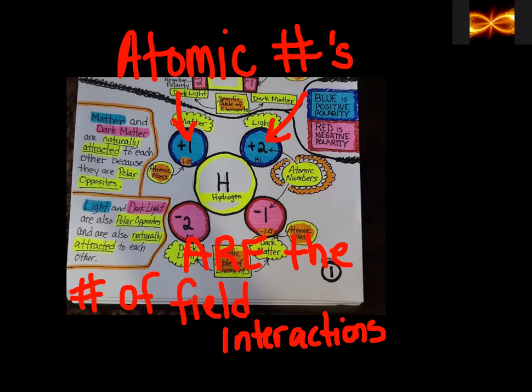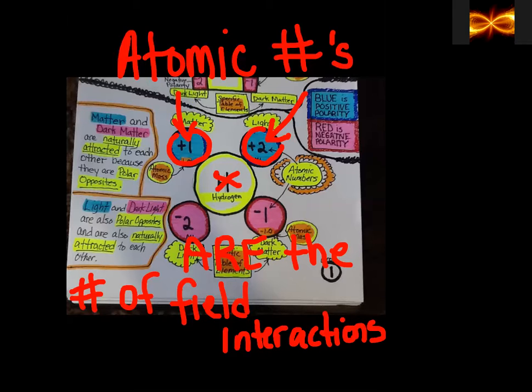The atomic number is the number of field interactions for each element, to create each element.